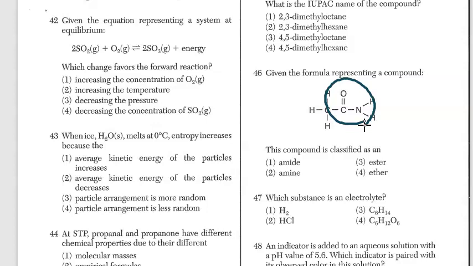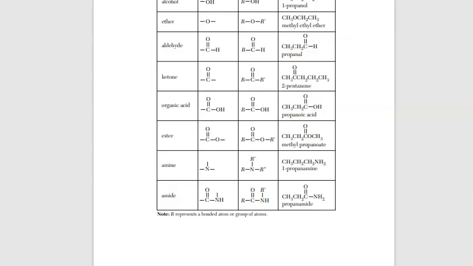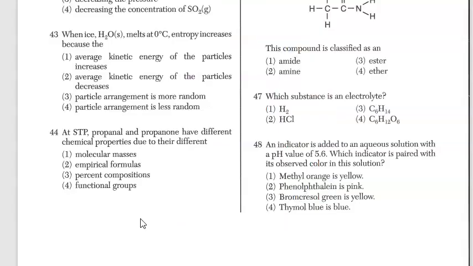What molecules contain oxygen and nitrogen? So let's do that. For an oxygen and a nitrogen to be on a molecule, we've got to go all the way to the bottom of the reference table, and here it is, right here. This is known as an amide. So that's the functional group, and that you would use as your answer. All right, so 46 was choice 1.